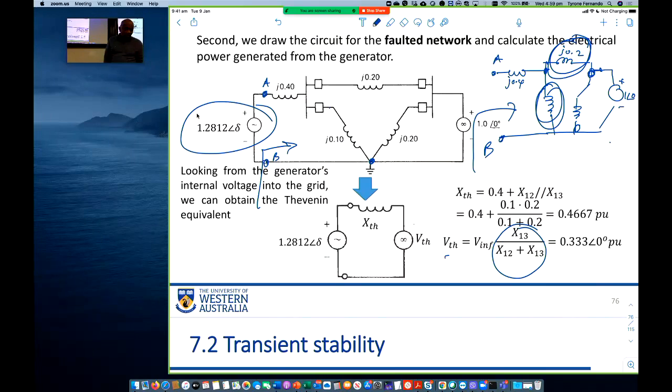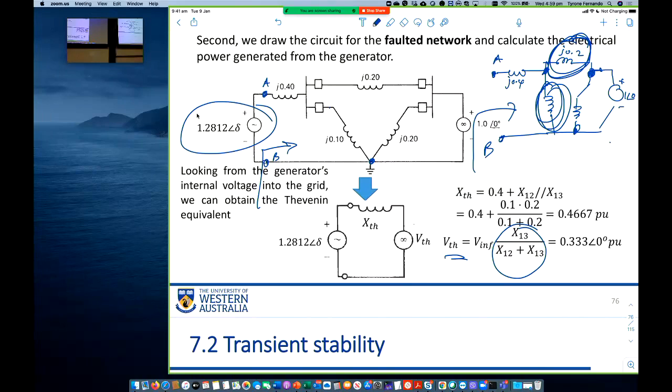That's the Thevenin voltage, and this voltage appears there at point A.